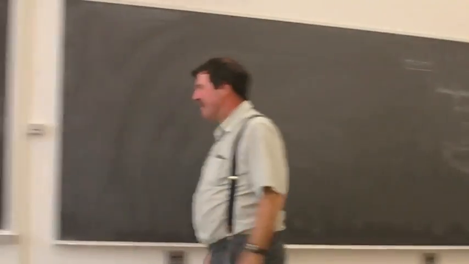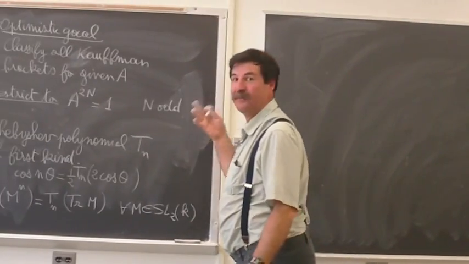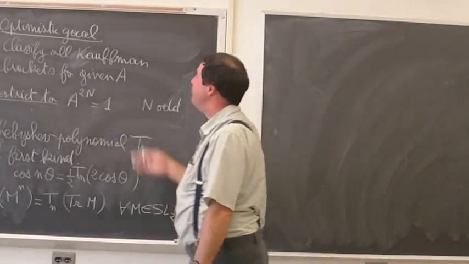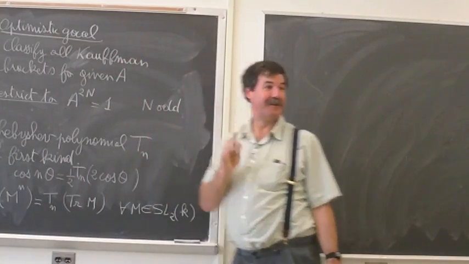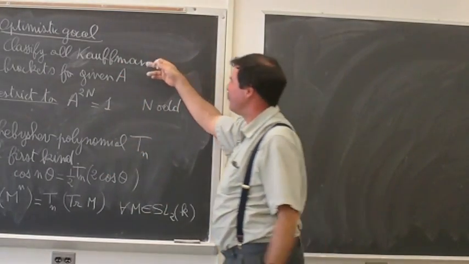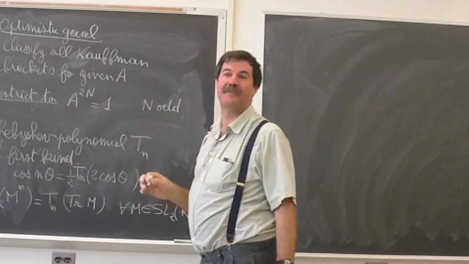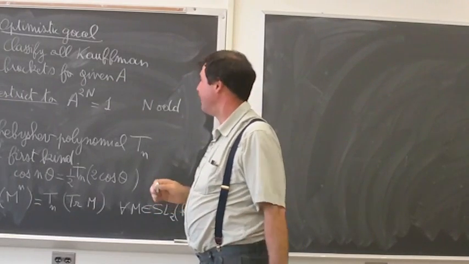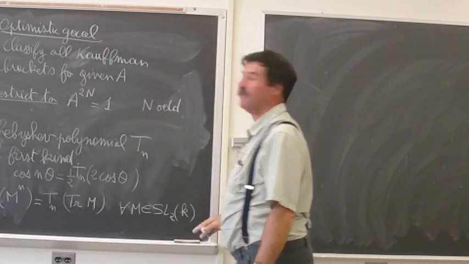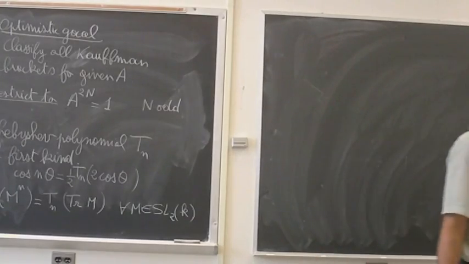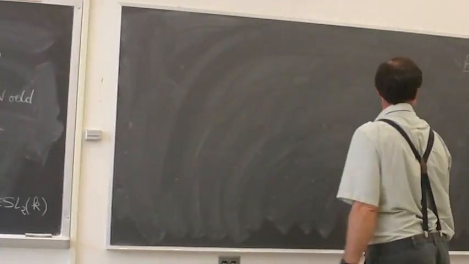They consider the case where the surface is the punctured torus, and they sort of completely solved this problem for the one-puncture torus. Okay.